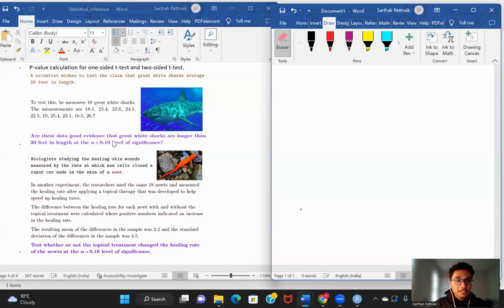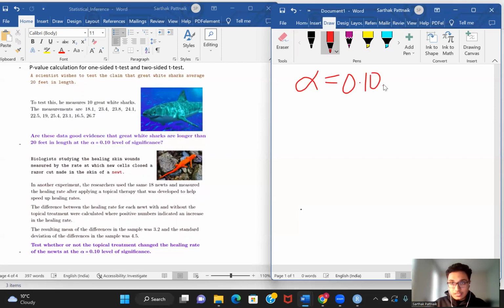Are these data good evidence that the great white sharks are longer than 20 feet in length at 0.10 level of significance? So in this question, you have been given alpha as 0.10. It means my confidence level is equal to 0.9 or 90%.